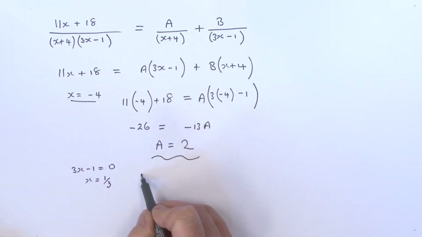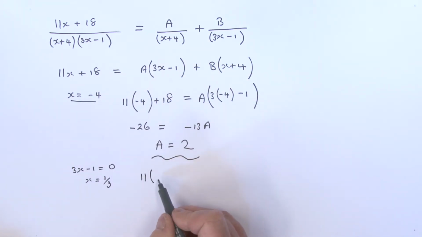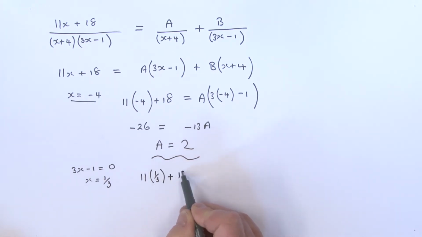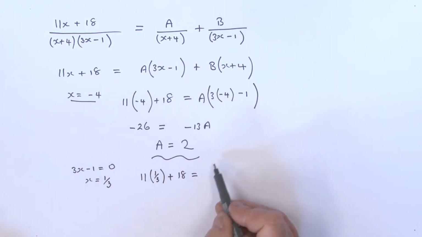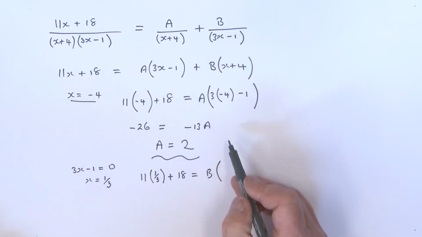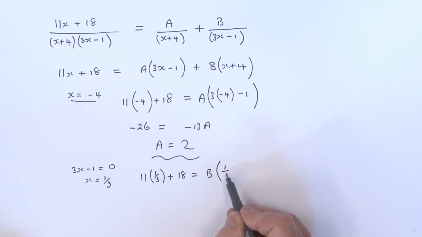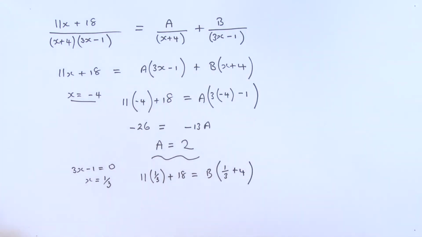So we get 11 times x, which is 1 over 3, plus 18 is equal to, well, this term has gone to 0, so we're left with b, open the bracket, x of course is 1 over 3, and then that's plus the 4, and we'll close the bracket. Okay?